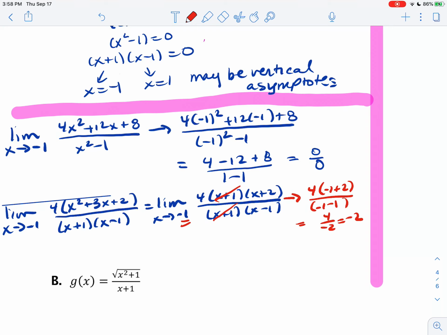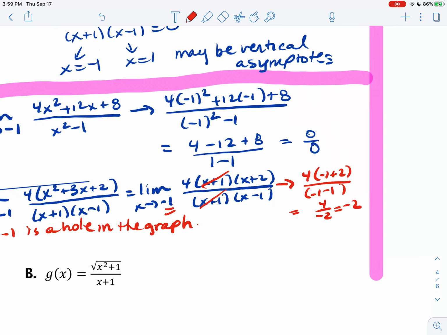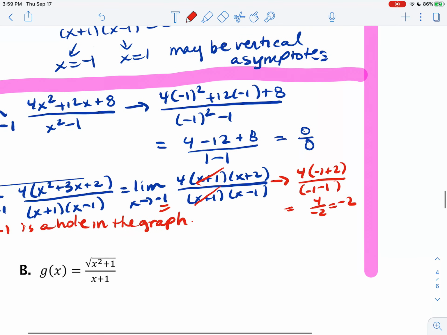So x equal to minus 1 is not a vertical asymptote. However, it is a hole in the graph. X equal to minus 1 is a hole in the graph. The function output does not exist, but the limit does exist. The limit from the left will equal the limit from the right.